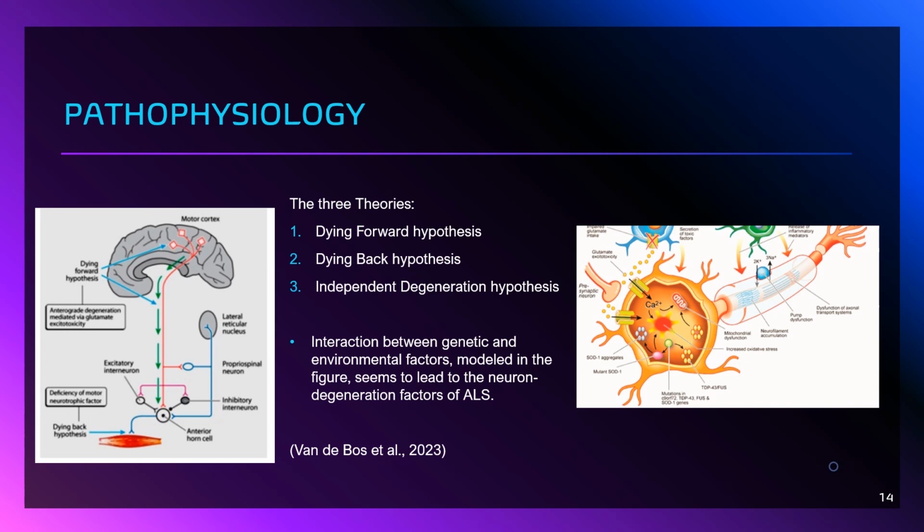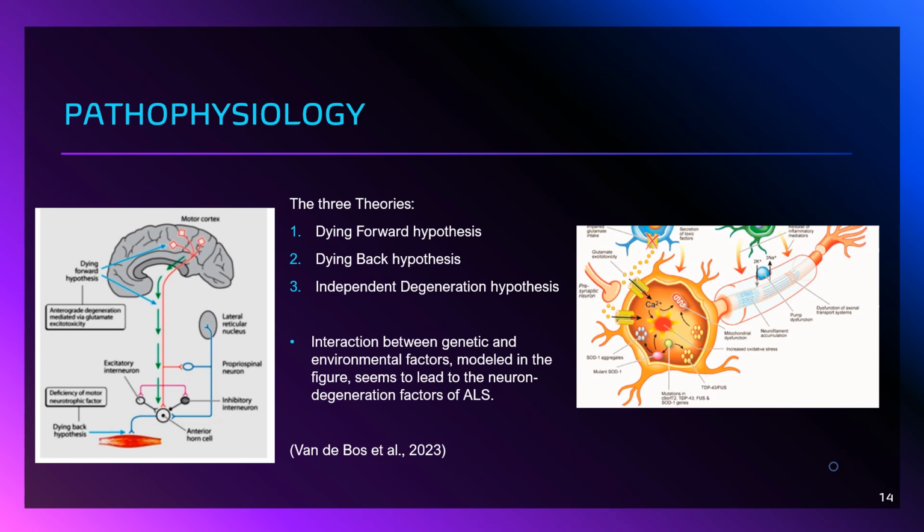So with this theory, both a transsynaptic anterograde mechanism and a corticomotor-neuronal hyperexcitability are involved. Sorry guys, I can never say that. The corticomotor-neuronal pathway is that red pathway on the left picture.